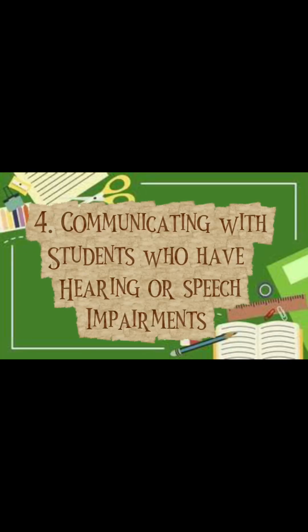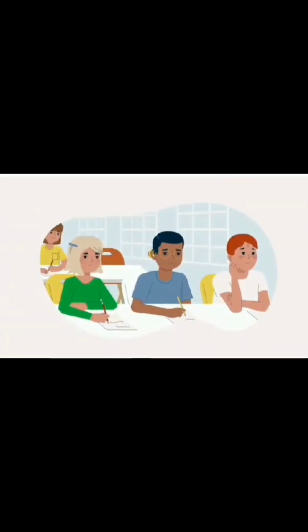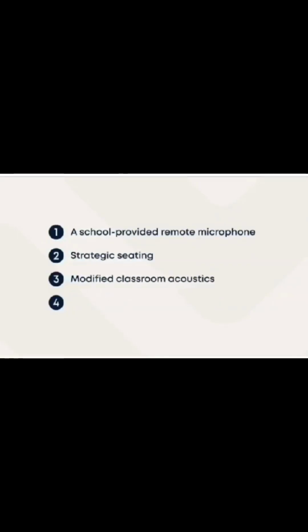The fourth one is about communicating with students who have hearing or speech impairments. Students with hearing or speech impairments may experience difficulties in expressing themselves or understanding spoken language. Support may include a school-provided remote microphone, strategic seating, modified classroom acoustics, and access to school-based audiology.